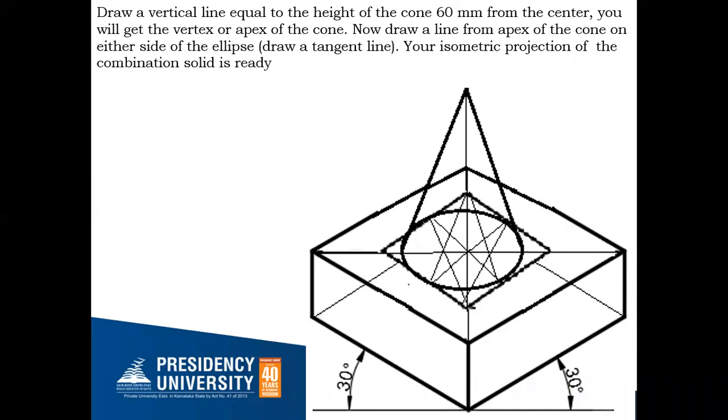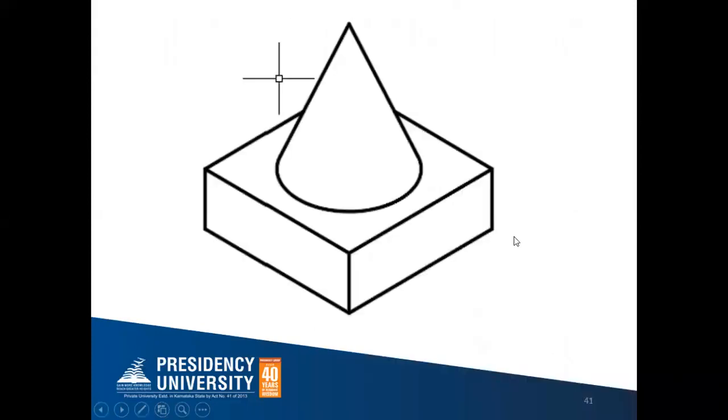At the end you can see, after removing all the construction lines and hidden edges, this is the isometric projection you are going to get. So here also we have followed the same method or procedure. I hope you have understood this also.